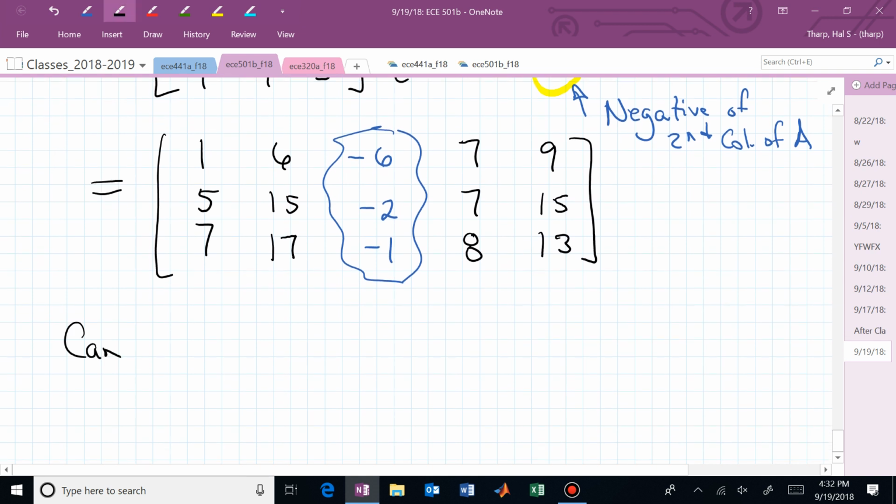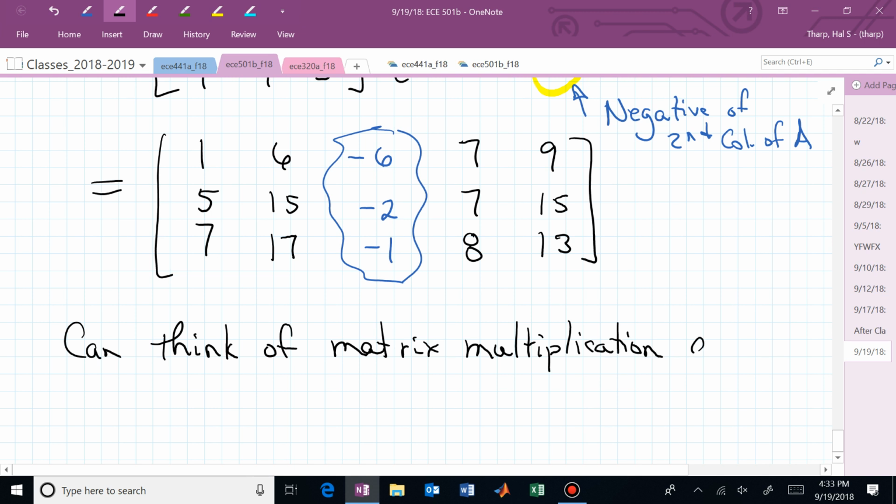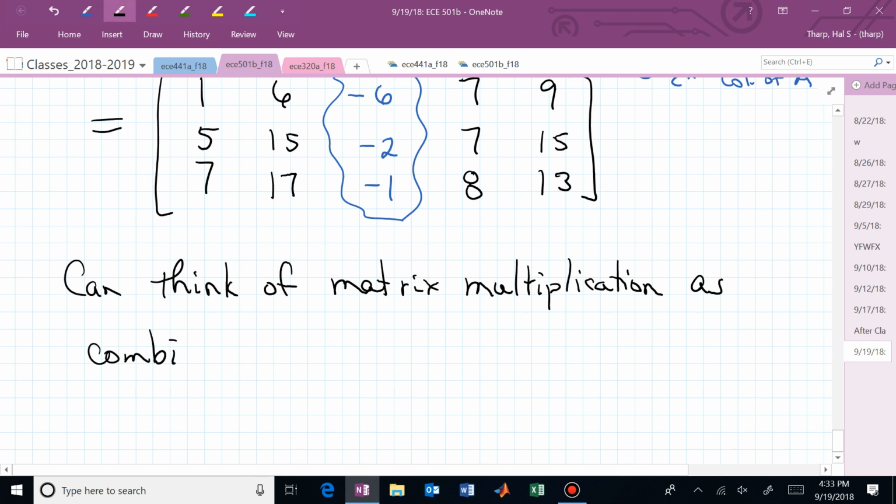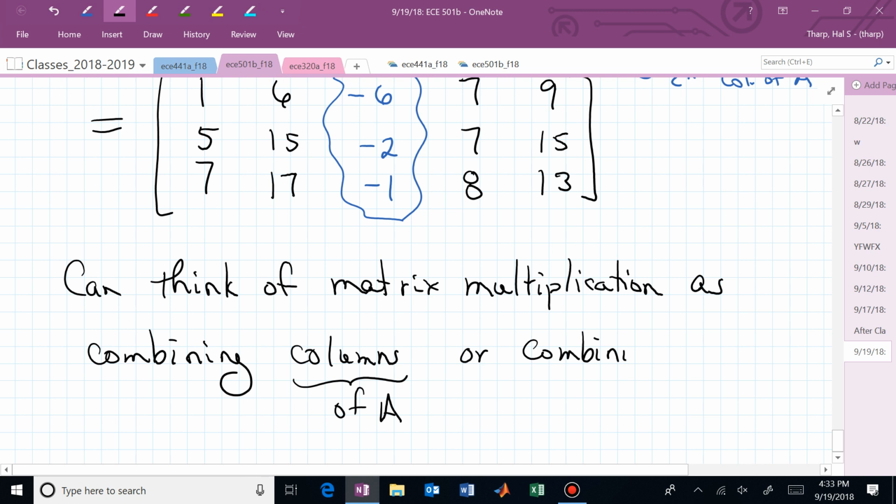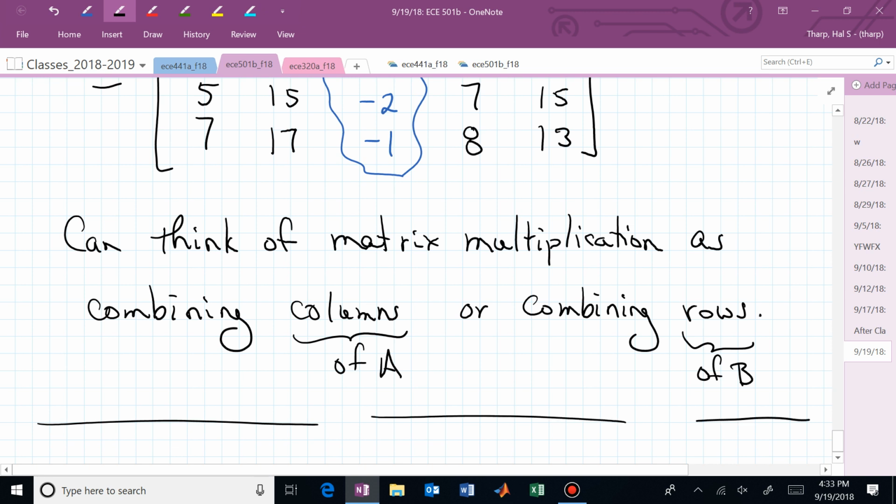What I'm trying to suggest is that you can think of matrix multiplication as combining columns, and this would be of the first matrix, or combining rows, and this would be of B, depending on which of those two matrices might be easier to think in terms of.